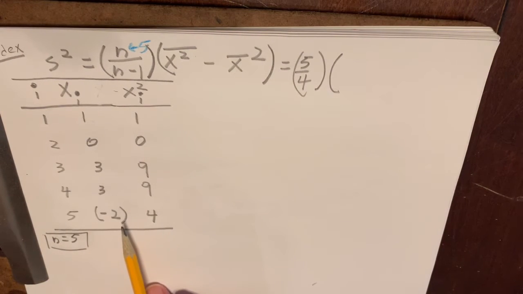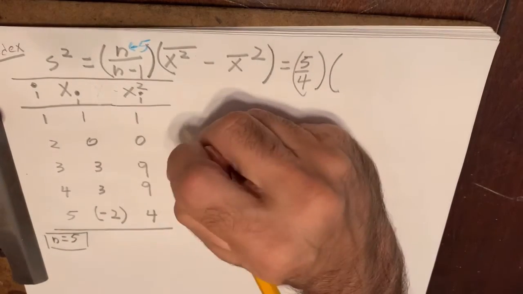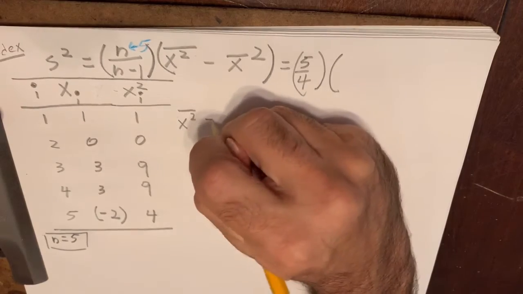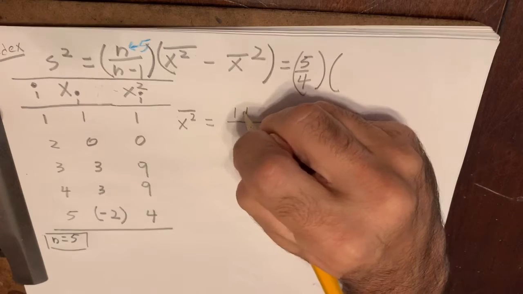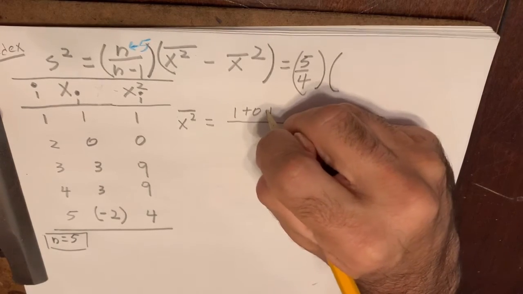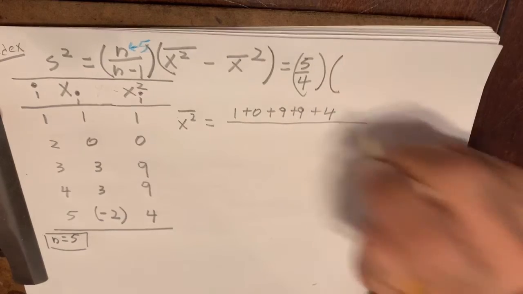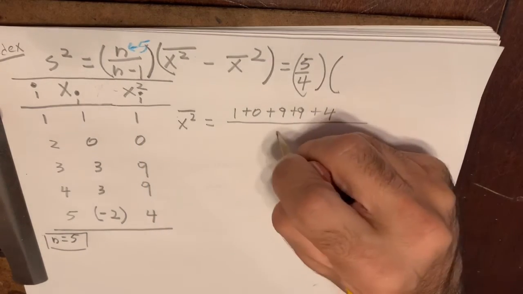Negative 2 times itself is a positive 4 specifically. So in order to get the average of the squares, all we do is we take 1 plus 0 plus 9 plus 9 plus 4 and divide that by 1, 2, 3, 4, 5.